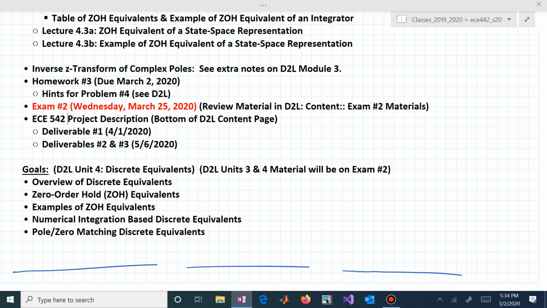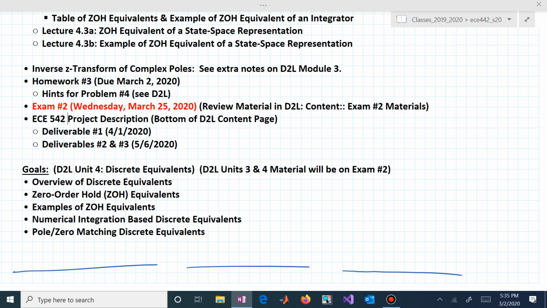Today what we want to do is start Unit 4, which is discrete equivalence. I'll try to give an overview, and then we will go through zero-order hold equivalence, the derivation of that, and hopefully get through a couple of examples. What's forthcoming is numerical integration based discrete equivalence, which will probably be after spring break. No, actually, it will be Wednesday. I've lost a lecture.